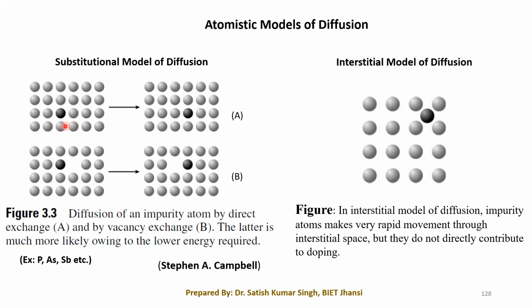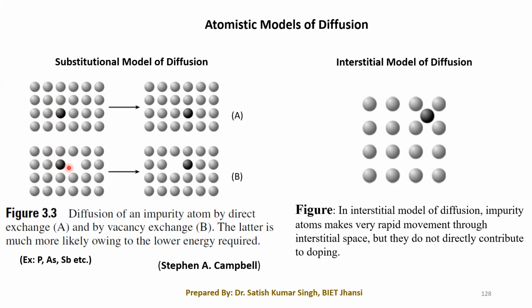whenever we have an impurity atom sitting at the substitutional site and it is making a movement, there will be a formation and breaking of bonds, because the atoms sitting at the substitutional site make covalent bonds with the nearest host atoms, which is silicon.